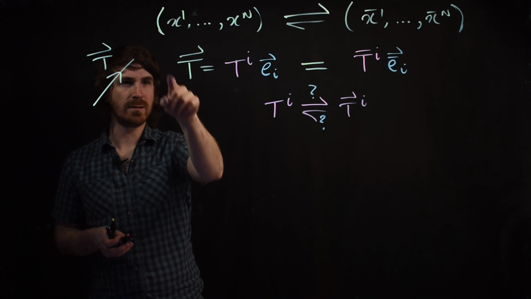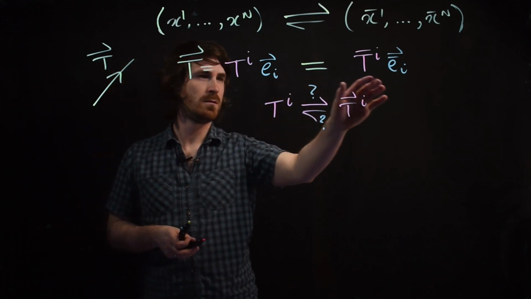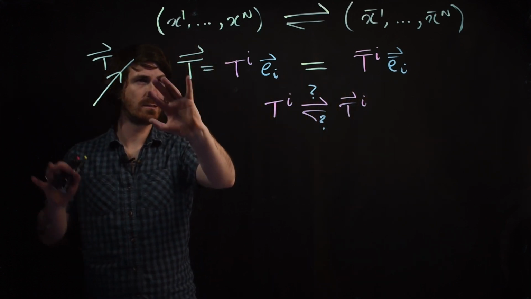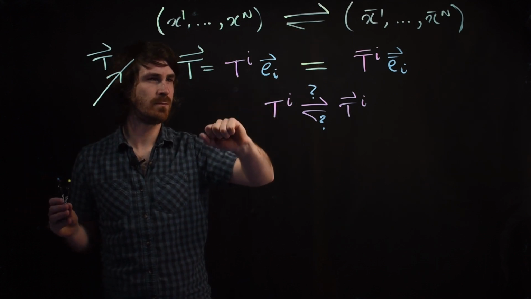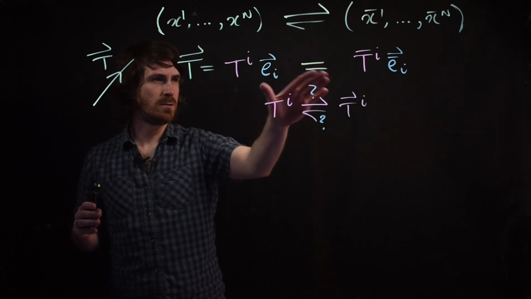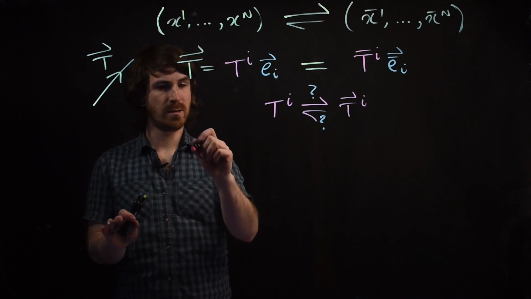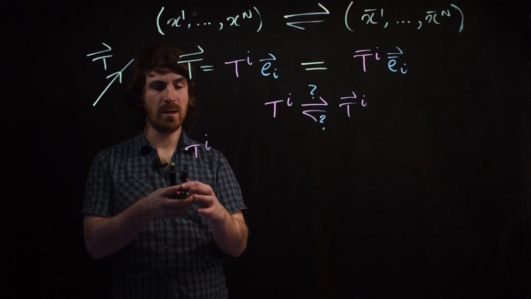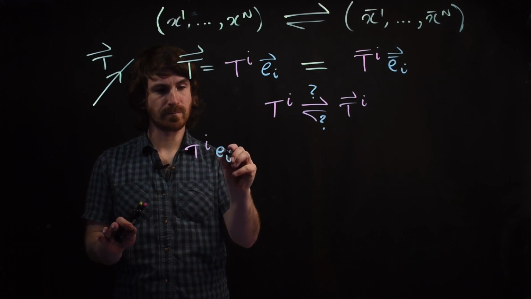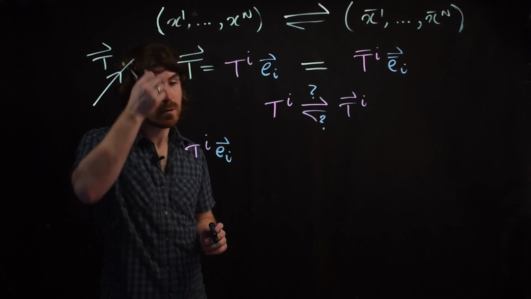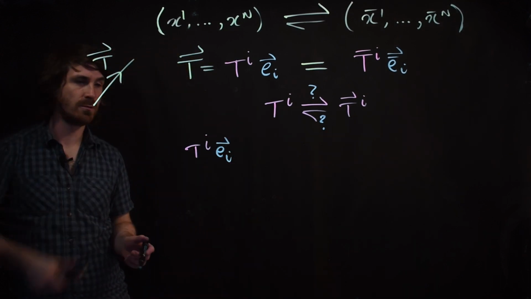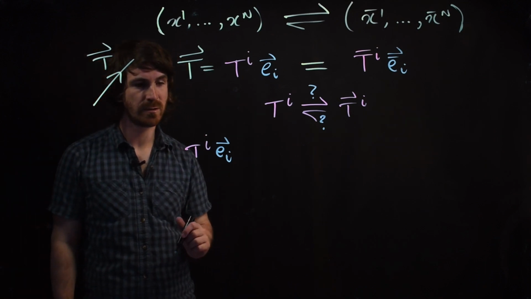We'll use the fact that T is invariant: it's a vector that exists independently of our coordinate system. Let's work on the left-hand side and write t i e i. Let's use what we know about the natural basis vectors.